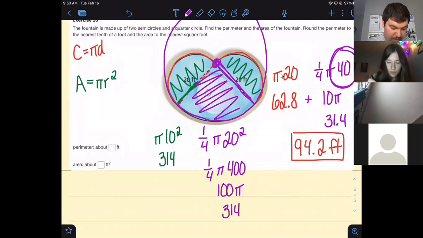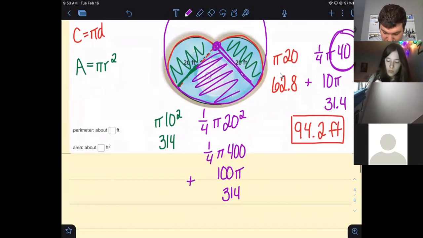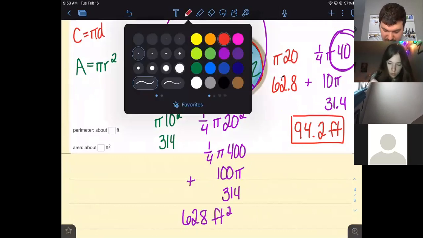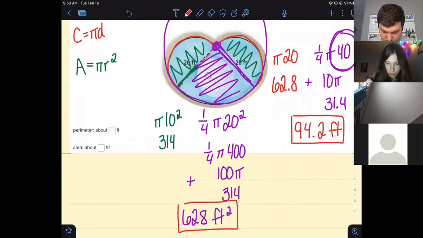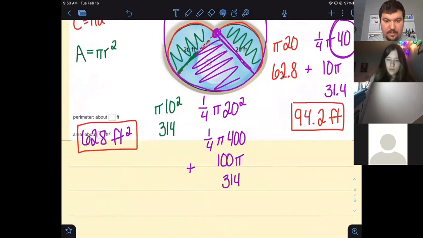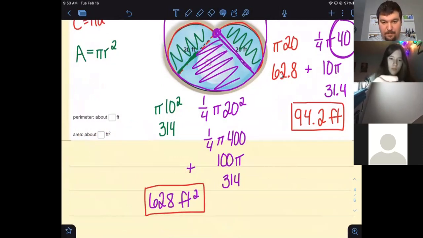And so I'm going to add 314 with 314, adding these areas together. That's going to give me 628 feet squared. Because it's area, I have to use square feet. And that is what's going to go in the second box here, 628 feet squared.